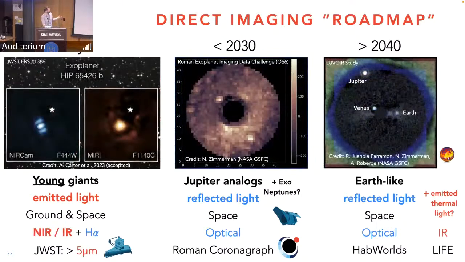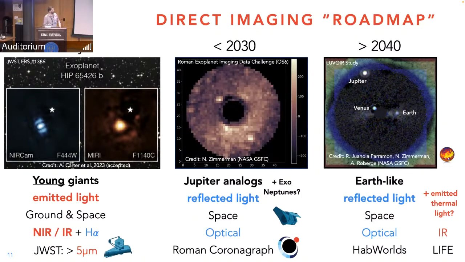This is how the data looks. The one on the left is the real data from JWST on this planet that has just been renamed by the IAU and the community. In the middle, it's a simulation from Neil Zimmerman here sitting in the conference. It's an example of how the data is going to look on the small field of view of the Roman coronagraph.